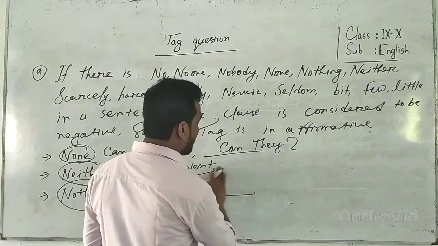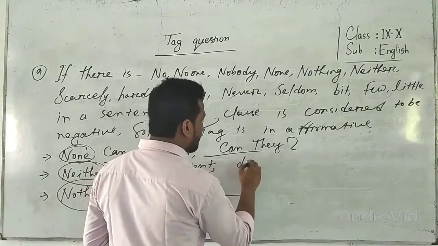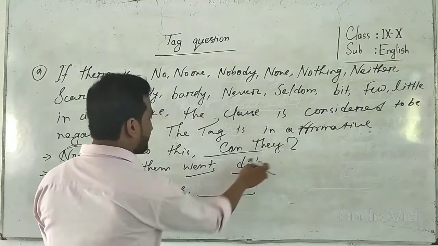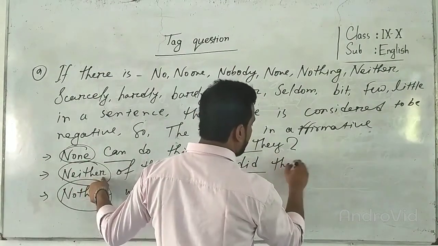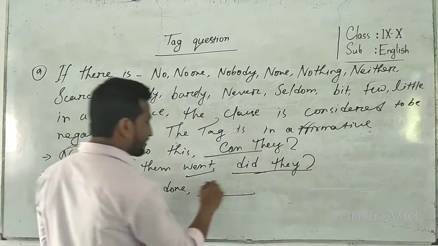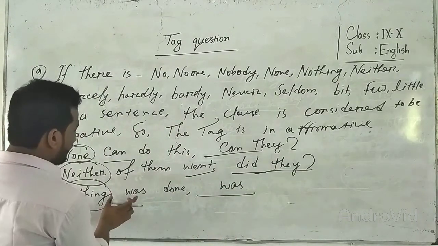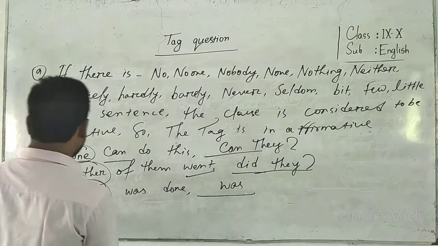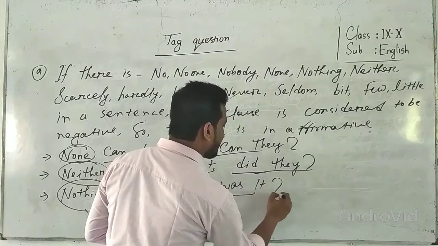Went is here principal verb or main verb. So auxiliary is did. The clause is negative, so here is affirmative. If there is neither, the pronoun of tag is they. Did they. Here auxiliary is was. The clause is in negative, so affirmative. Here if there is nothing, here the pronoun is it. Was it.